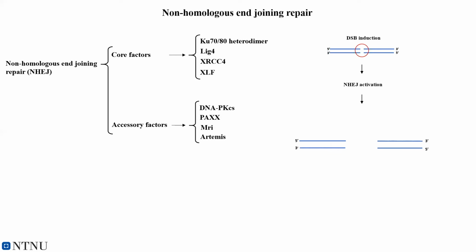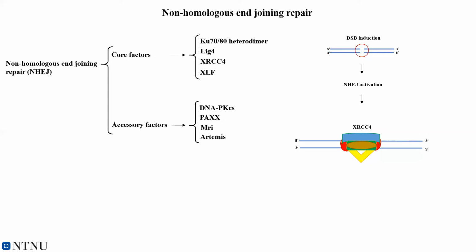Initially, Ku70 and 80 form a heterodimer, associate with the double-strand break, and facilitate the recruitment of downstream factors. Protein kinase DNA-PKcs functions with the Ku heterodimer and phosphorylates most of the NHEJ factors. Following that, the nuclease Artemis, with its 3' to 5' exonuclease activity, opens DNA hairpins and prepares DNA strands for ligation, and then ligase 4 ligates broken DNA ends.